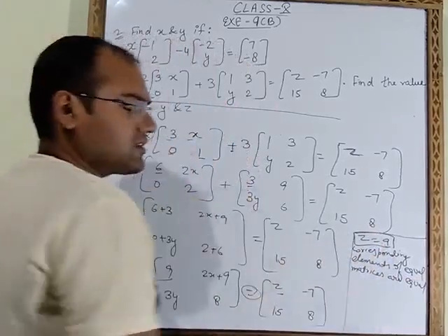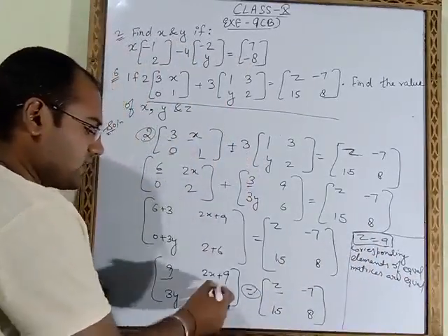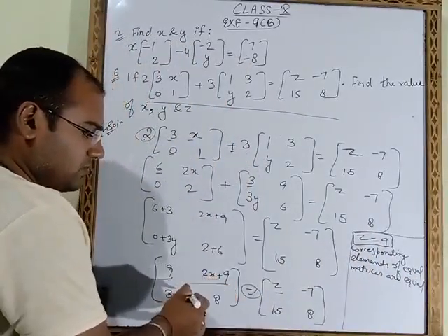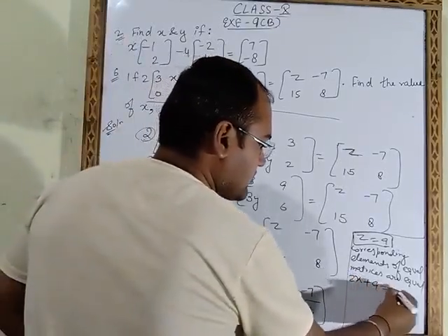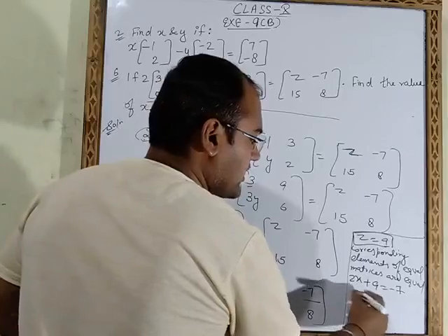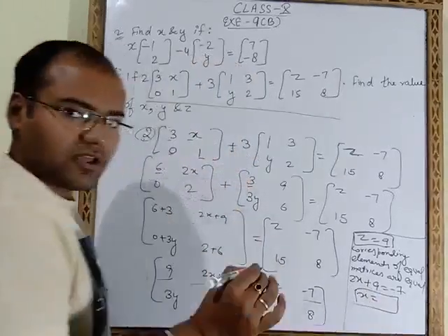This is the reason why z is equal to 9. In the same way, 2x plus 9 is equal to minus 7. Now we will solve it and after that we will find the answer of x.